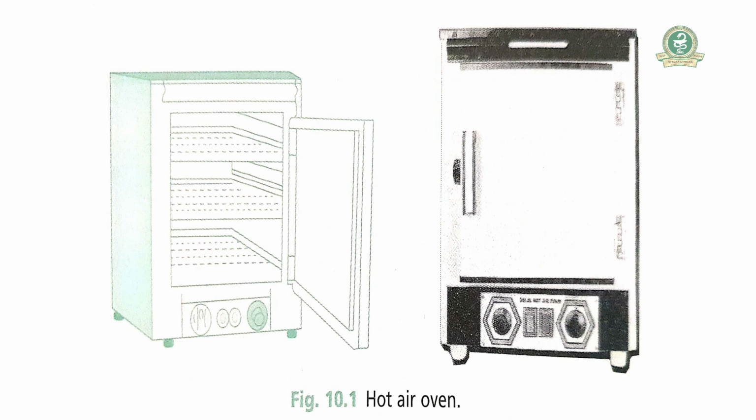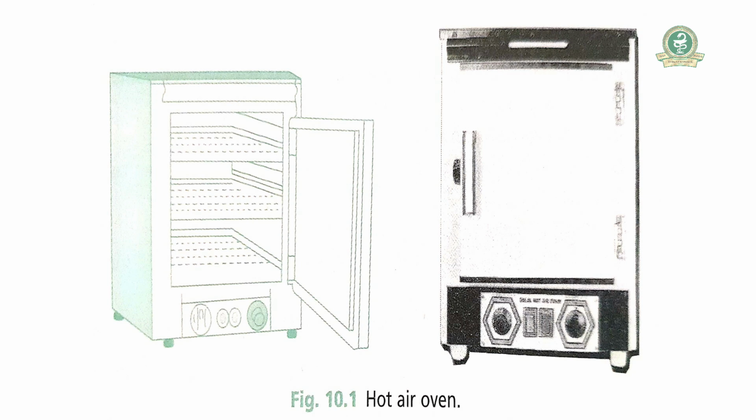This is the structure of a hot air oven, which consists of an inner chamber wall and an outer wall. The inner we have just discussed and the outer is composed of asbestos, and the partition is done, which is seen here, and this instrument works through electricity.